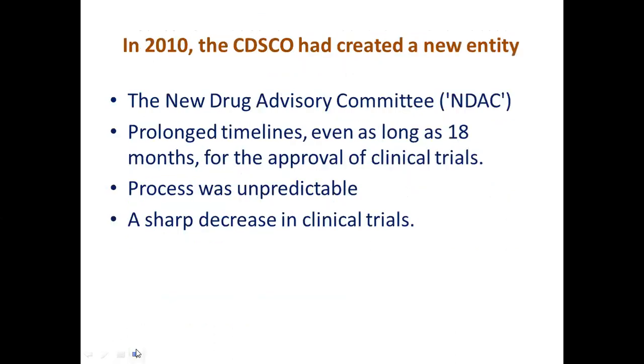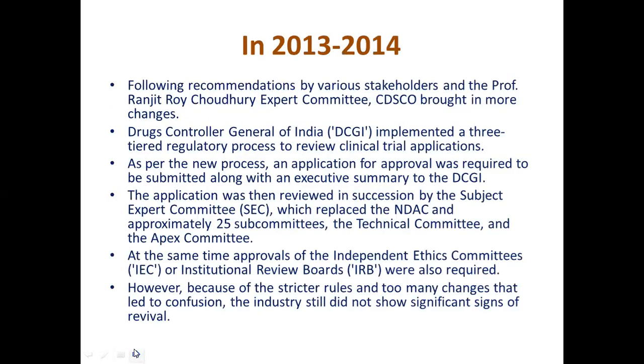The reason behind that was that in 2010, CDSCO had created a new entity named the New Drug Advisory Committee. It prolonged the timelines to as long as 18 months for the approval of one clinical trial. Apart from that, the process was also unpredictable, and that caused a sharp decrease in clinical trials.